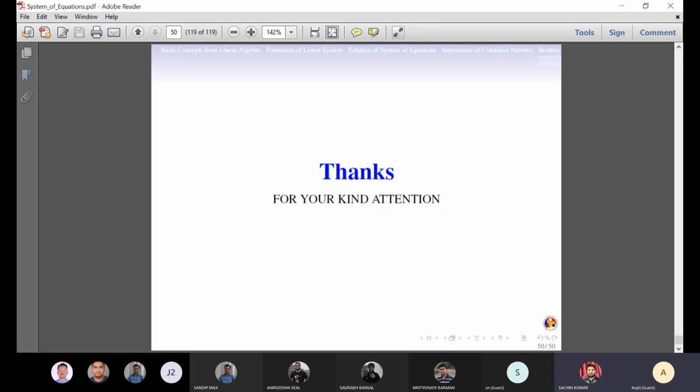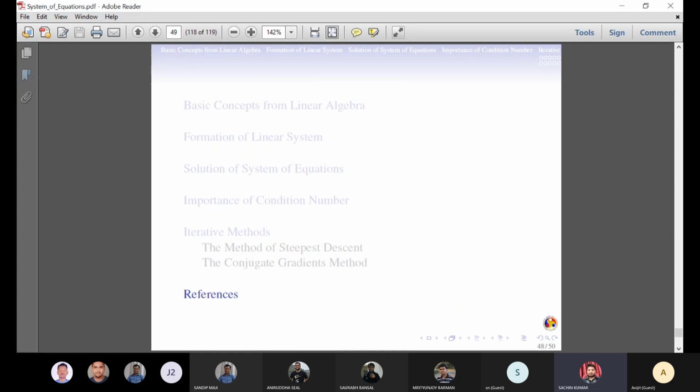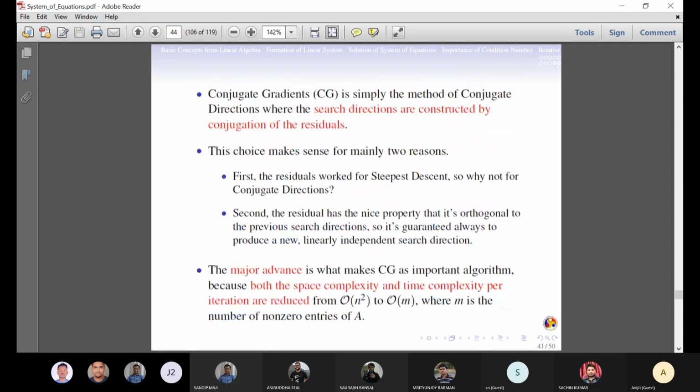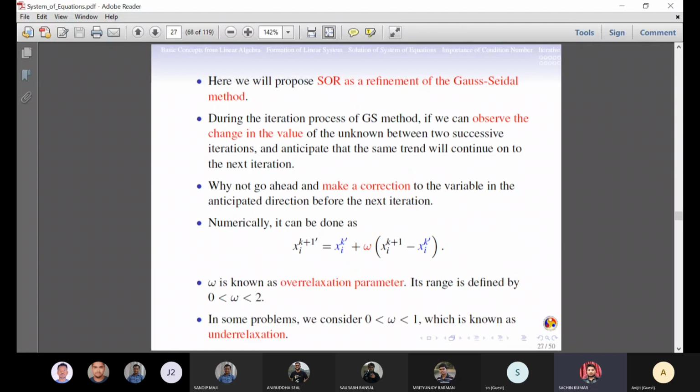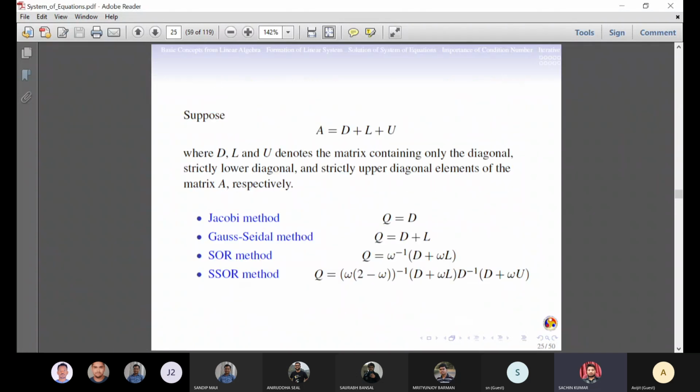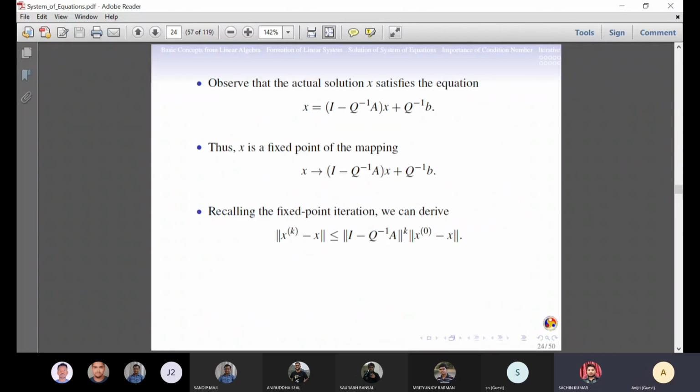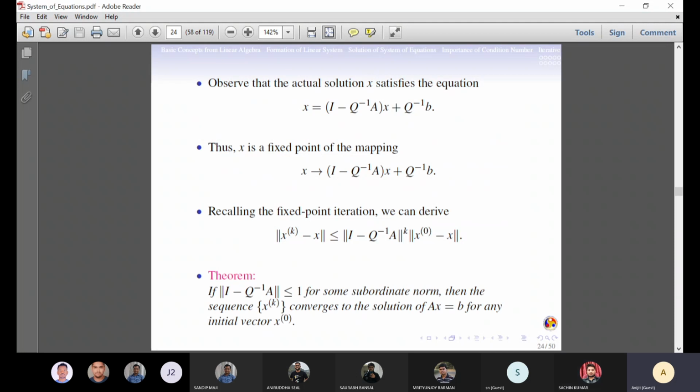And one more thing, in the iterative method, we are writing A in the form of Q minus A, right? So the capital Q will be of any special form? The form of Q can be of any kind. You have to find the Q in such a way that the norm of I minus Q inverse A should be less than or equal to 1, because that is the reason by which you can get the convergence.